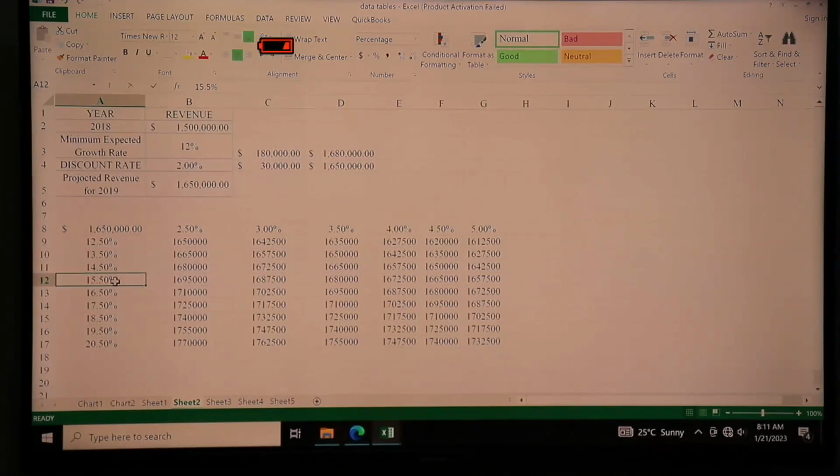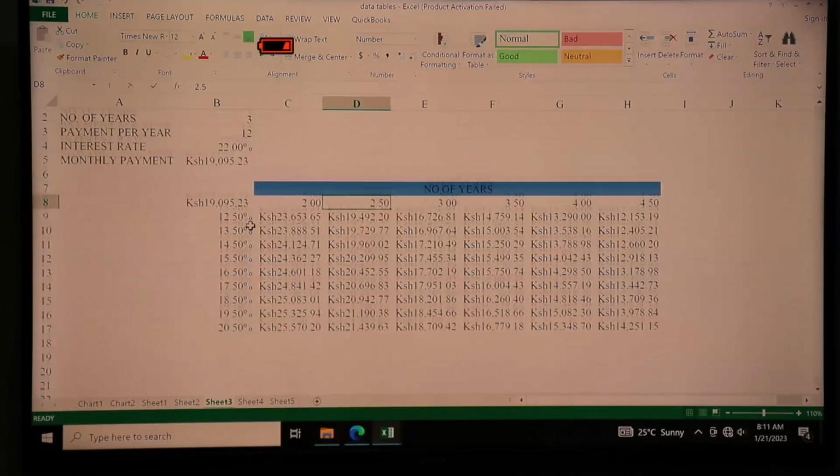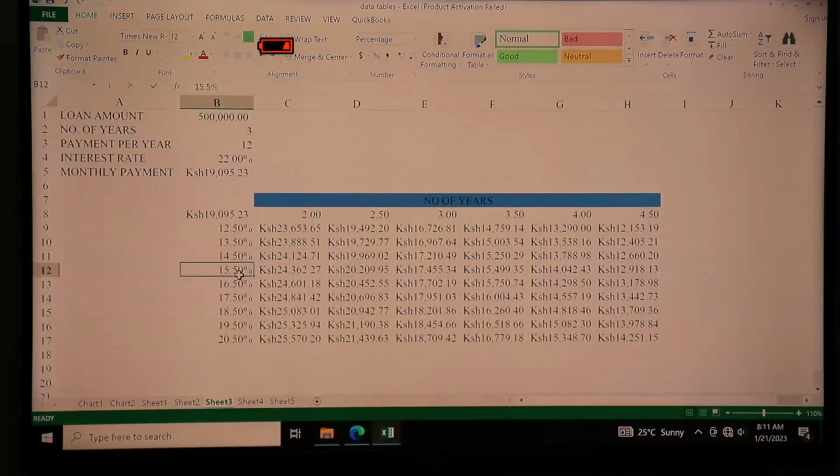That is a situation whereby you cannot work without absolute referencing. In this case, you are given the number of years, and here you are given the interest rate. So you cannot achieve this without absolute referencing, because it's the only option.